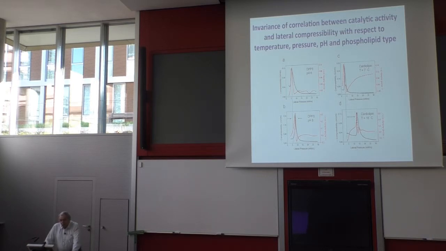So this shows that this effect that you observe of the coincidence of compressibility and of the peak of activity is independent of the lipid used, of the temperature, or of the pH. It's a phenomenon which is related to the compressibility of the monolayer.